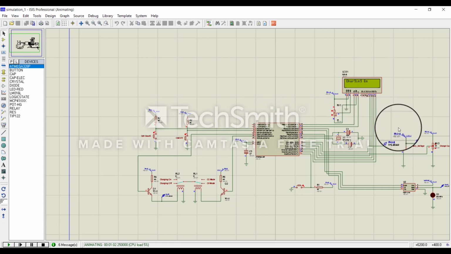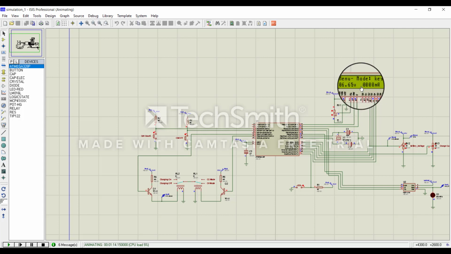Now, to simulate the battery, we have used a potentiometer arrangement, which will provide some voltage to the ADC of the Atmel 328P, and accordingly the charging status will be shown.